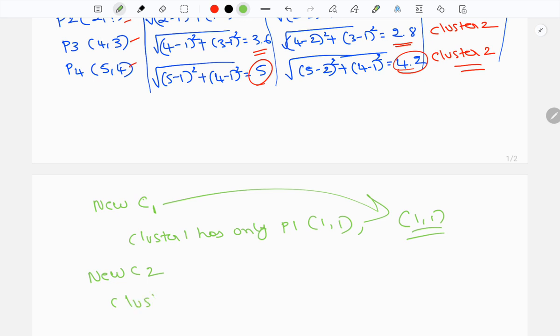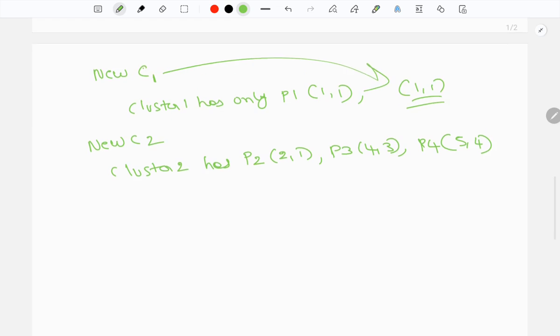Next, what will be the new C2? Cluster 2 has 3 data points: P2 (2, 1), P3 (4, 3), and P4 (5, 4). Now we have to find the mean. x average is equal to (2 plus 4 plus 5) divided by the number of data points, that is 3. So 2 plus 4 is 6, plus 5 is 11, by 3, we have 3.67.